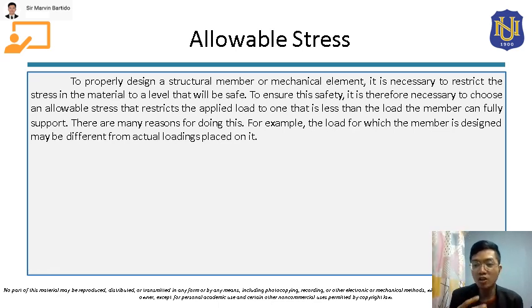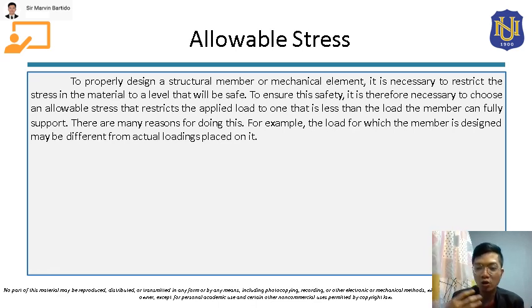One of those is, let's say, the intended measurements of a structure or machine may not be exact due to errors in fabrication or in the assembly of its component parts. That will have a significant effect on the strength of that structural member or mechanical element, right? There are also some factors such as unknown vibrations, impact, or accidental loadings, and they can occur and may not be accounted for in the design.